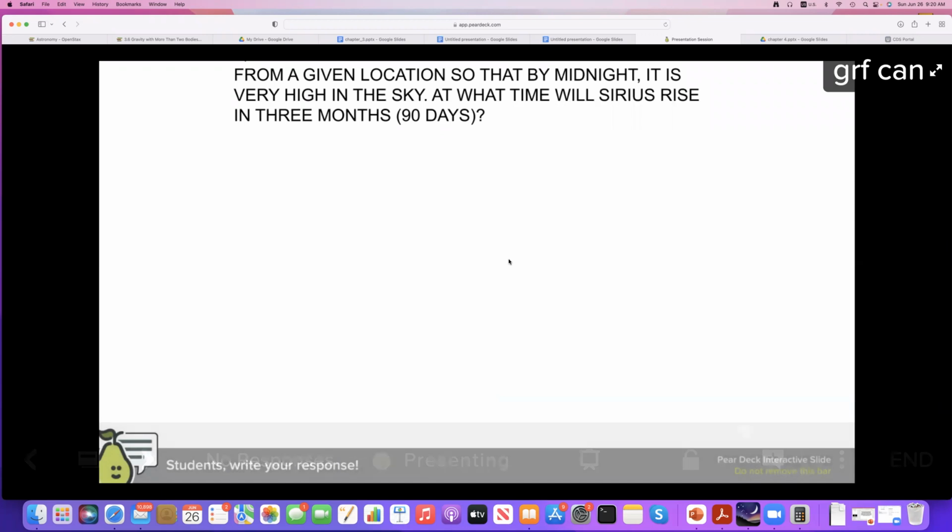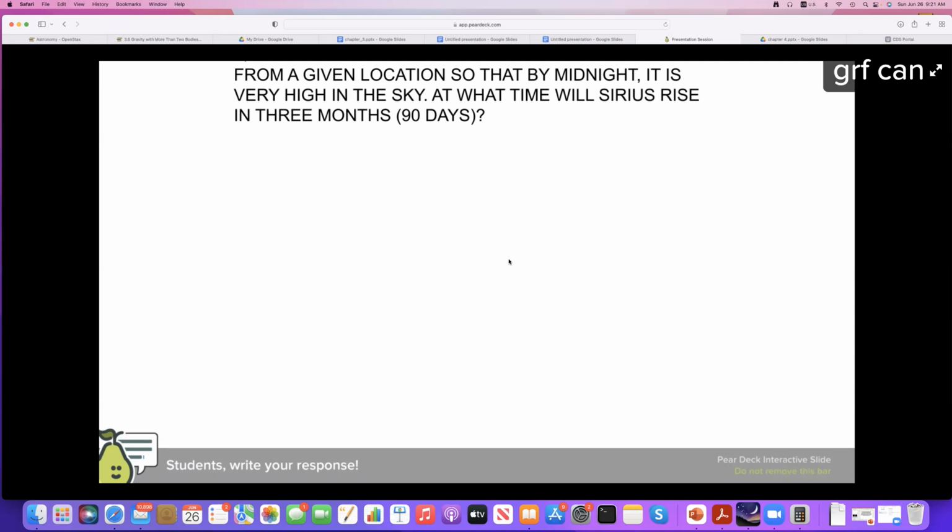So you assume that there is a bright star, let's say Sirius, right? All of you know about Sirius. Assume the bright star Sirius rises at 7 p.m. from a given location, right?